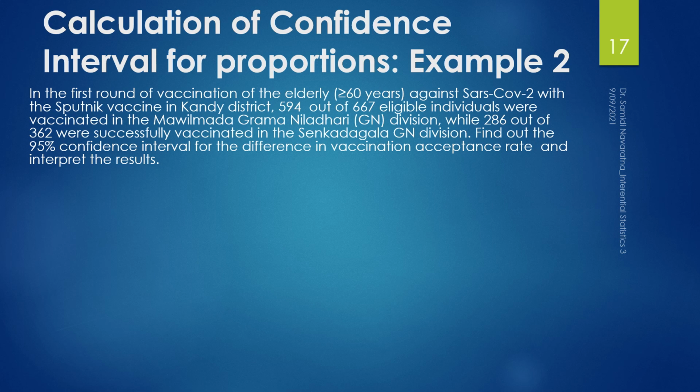Find out the 95% confidence interval for the difference in vaccination acceptance rate and interpret the results.